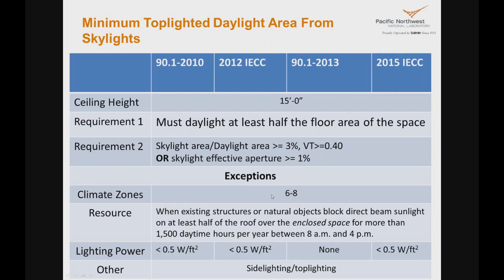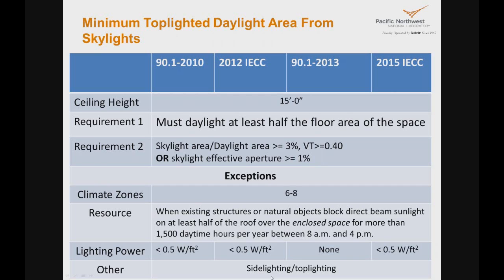Again, you're not required to put in skylights in the cold climate zones. And when there are other conditions such as existing structures that block sunlight access, you don't need to do that. Again, you're exempted if your interior lighting power density is below a certain threshold. And again, you're exempted if there is other kinds of side lighting.